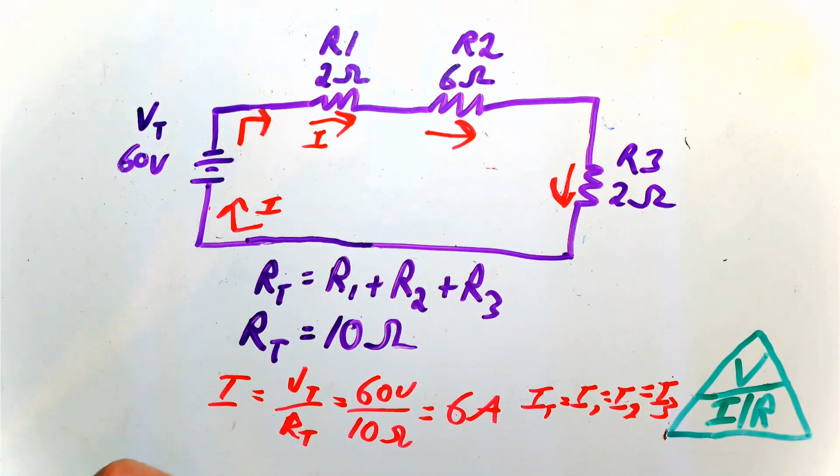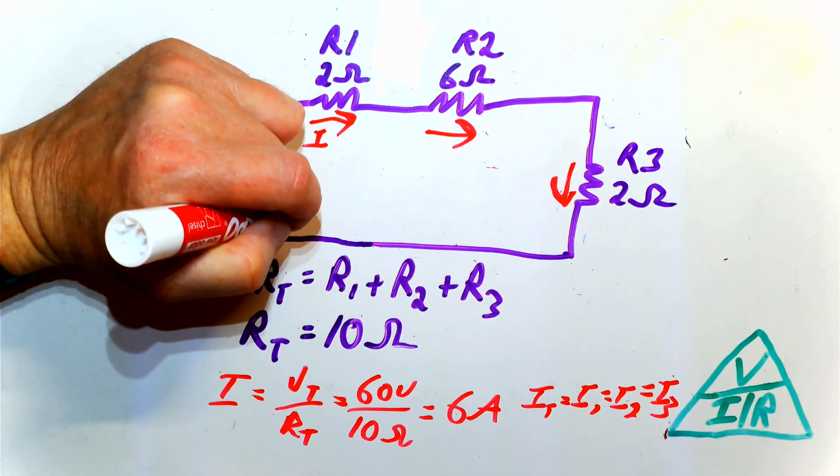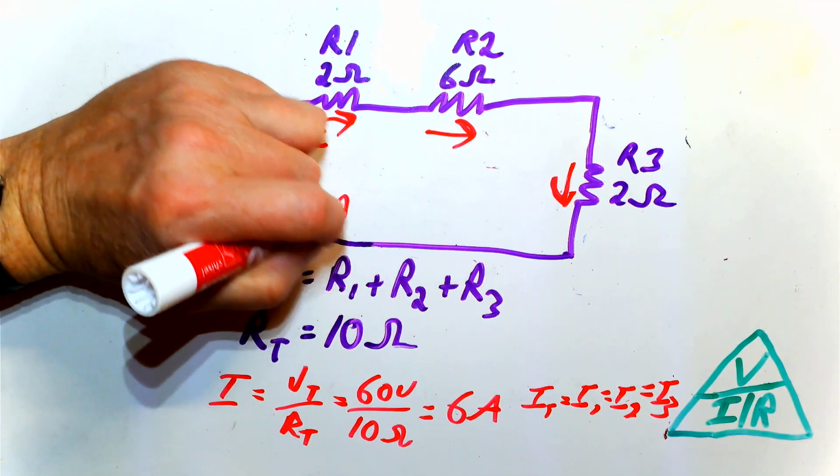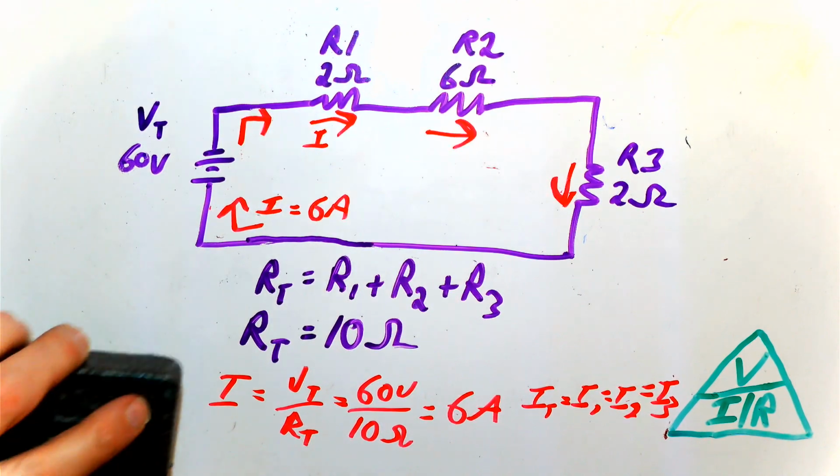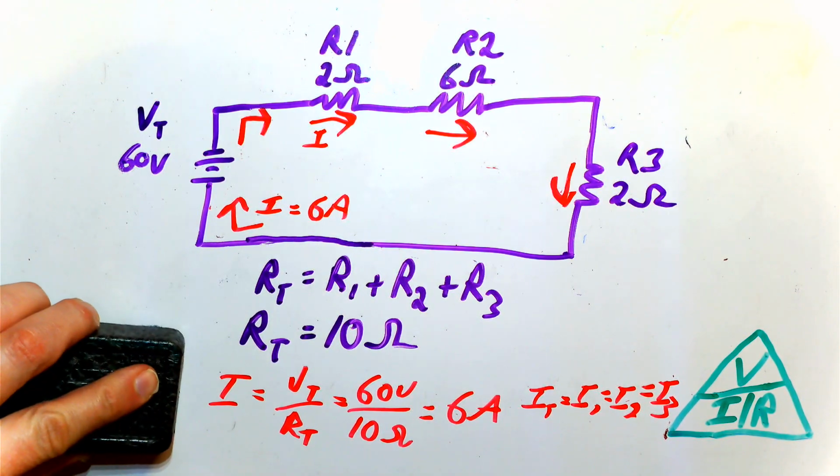Okay, so we know that there's 6 amps going through this circuit. And now we're going to talk about the voltage drops at each component in this circuit. So I'm going to make some room here.